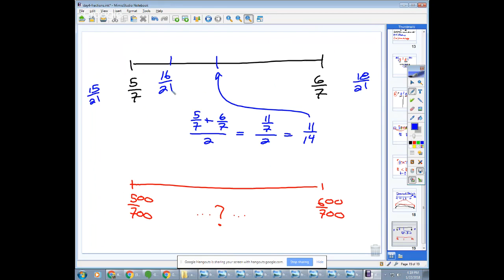Cool. Anybody else try something different? A couple of years ago, somebody showed me a really cute idea I'd never thought of. Right before 6 is like 5.9. They said, what about 5.97?